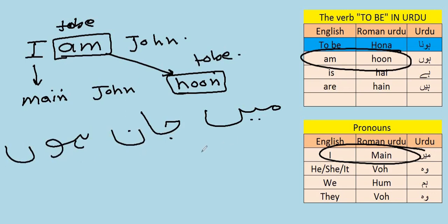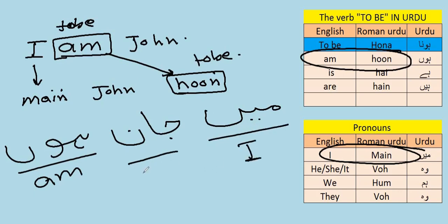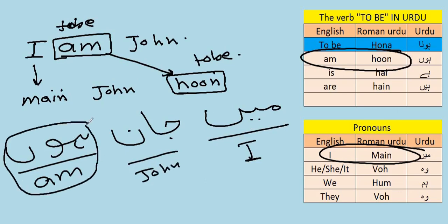I am John. हूँ is am, and मैं is I, which is a pronoun, and John is the same. So as you can see, the to be form we use at the end of the Urdu sentence, while am is in the middle of the English sentence.